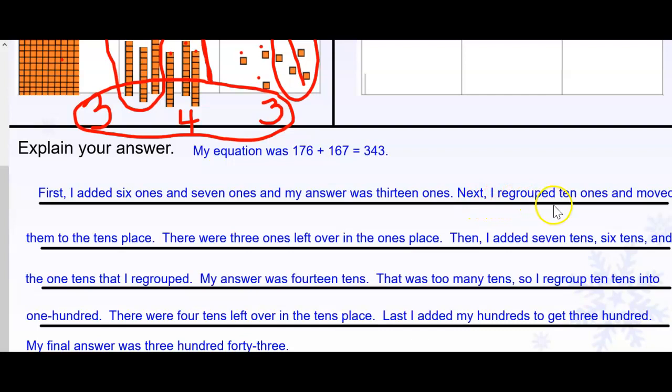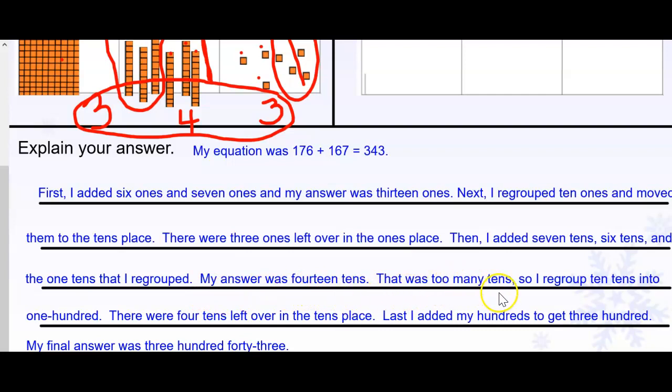Next, I regrouped 10 ones and moved them to the tens place. There were 3 ones left over in the ones place. Then I added 7 tens, 6 tens, and the 1 tens that I regrouped. My answer was 14 tens.